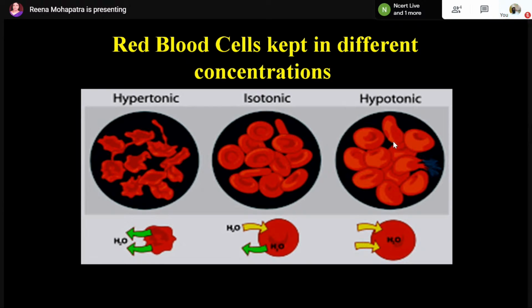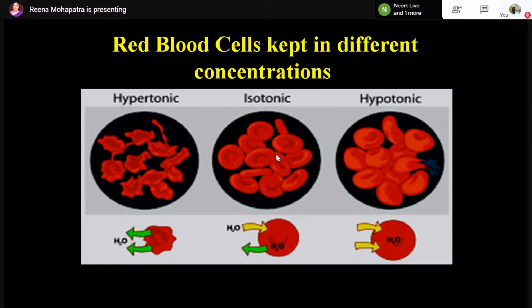Entry of water inside the cell is also called endosmosis. Due to endosmosis, red blood cells will swell up. And if they are kept in a hypotonic solution for a long period, then they will suddenly burst. Here, if the blood cells are kept in an isotonic solution, then they will maintain their normal shape and size.